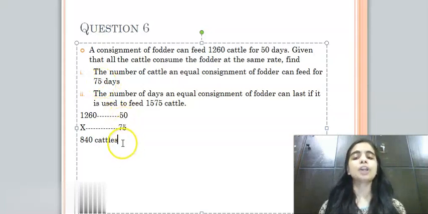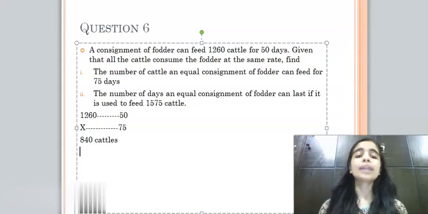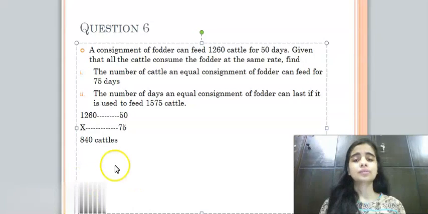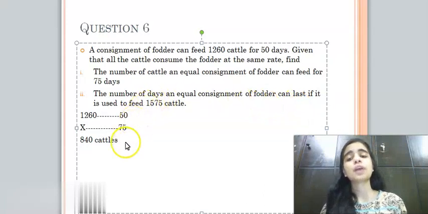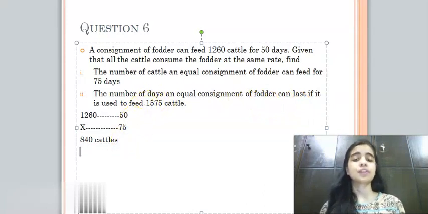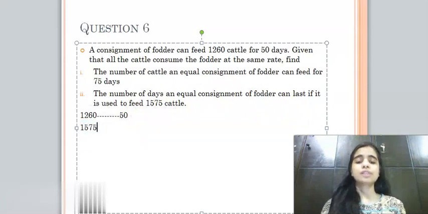Now let's do part 2. The number of days an equal consignment of fodder can last if it is used to feed 1,575 cattle. Now they've given us the number of cattle, so we'll use this same. We'll write 1,575 cattle over here and x over here.